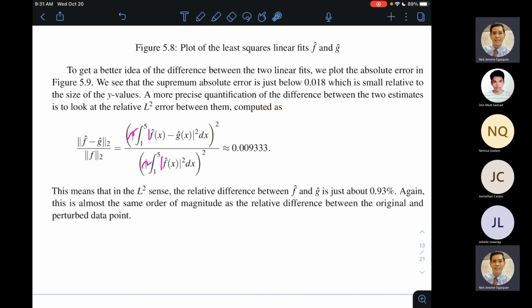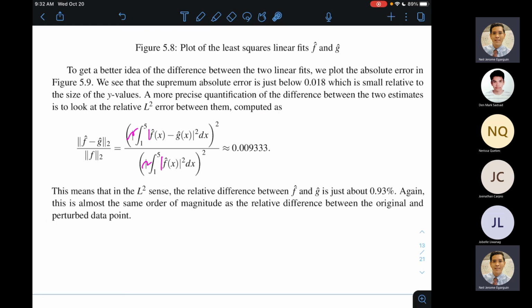Pero trust me, when I did the simulations, nag-run ako ng multiple experiments, siguro mga 10 or 15 simulations, randomization, na laging maliit lang yung relative error na nakukuha ko. Kaya masasabi ko na this is an indication or suggestion na stable yung algorithm.